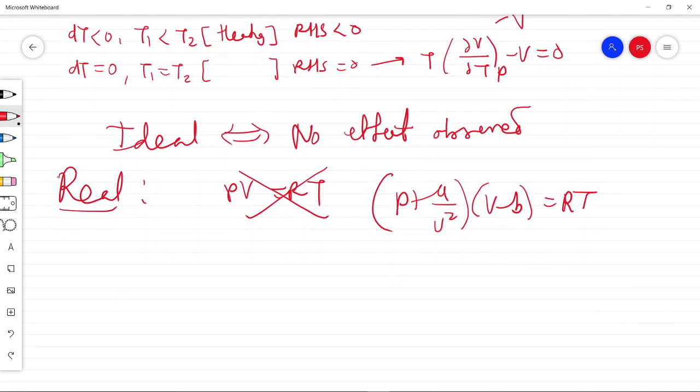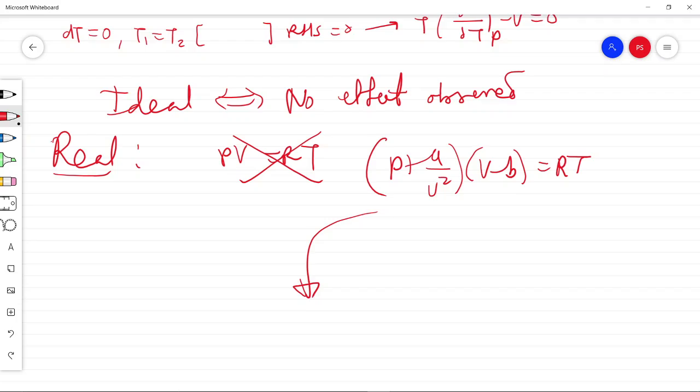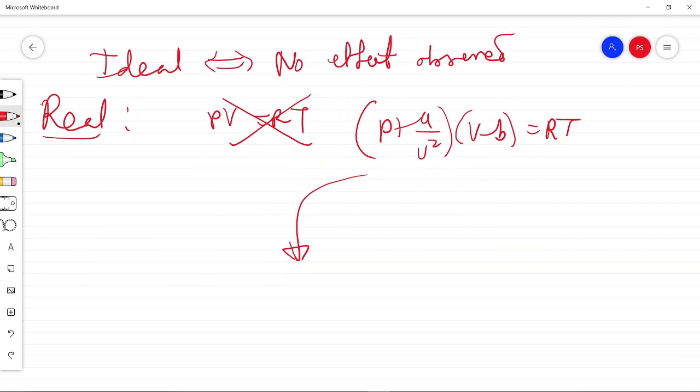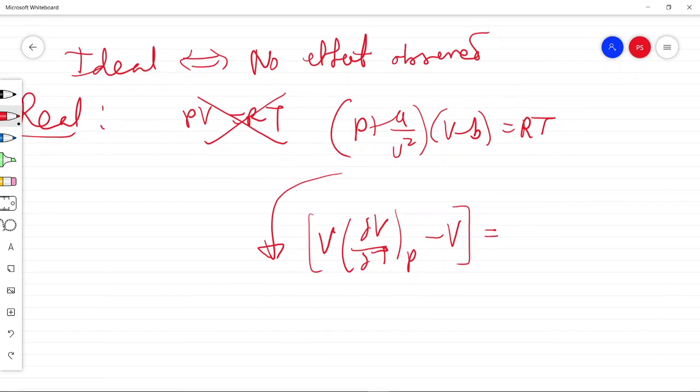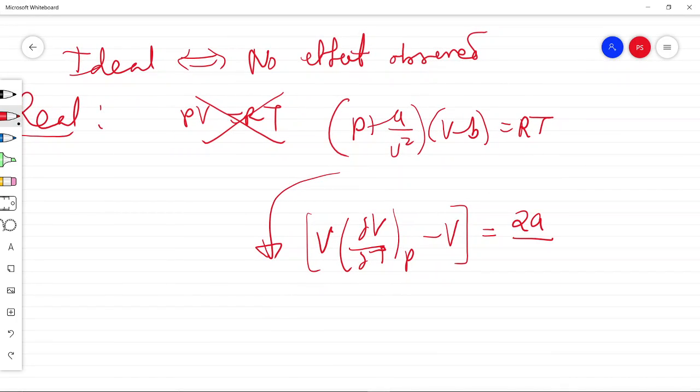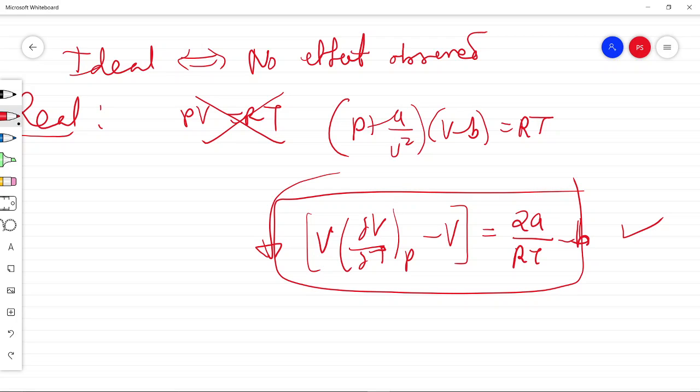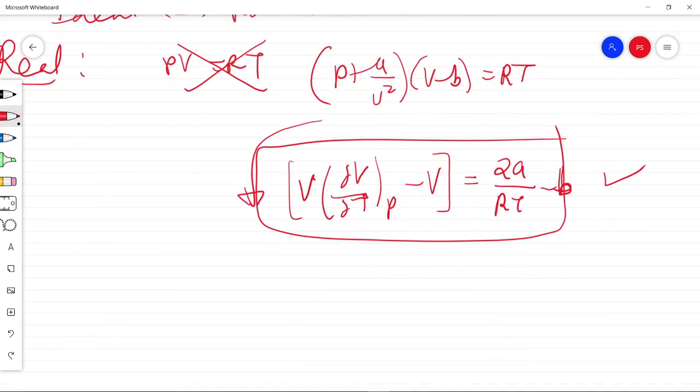In this particular case, by doing some simple algebra, which may take sufficient time, we see that this quantity, T ∂V/∂T at constant P minus V, that is the quantity in the square bracket, comes out to be equal to 2a/RT minus b. This can be done if we know simple algebra rules.